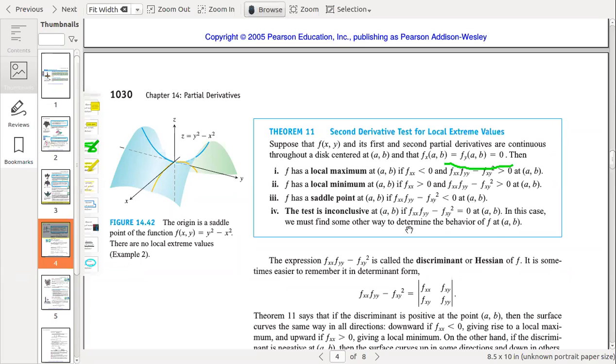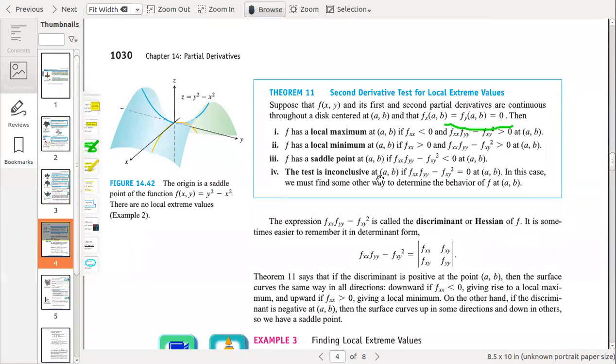So at (a,b), in this case, we must find some other way to determine the behavior of f. We just have to remember such definitions, and we don't need to go very deep inside.